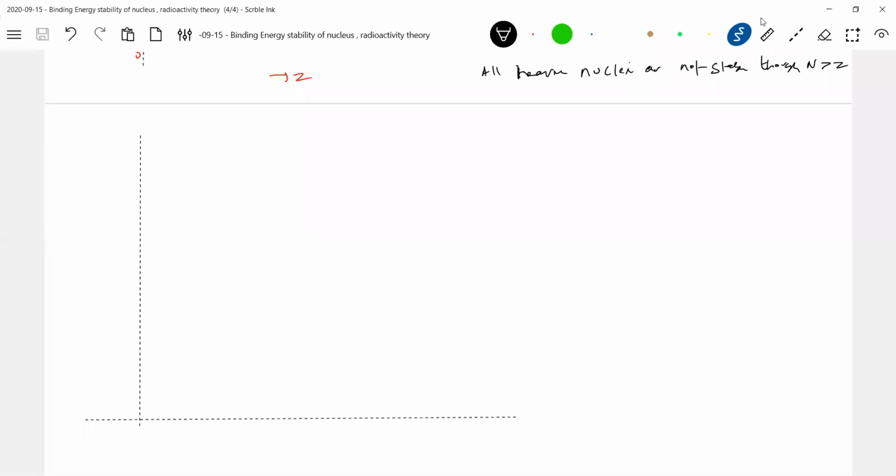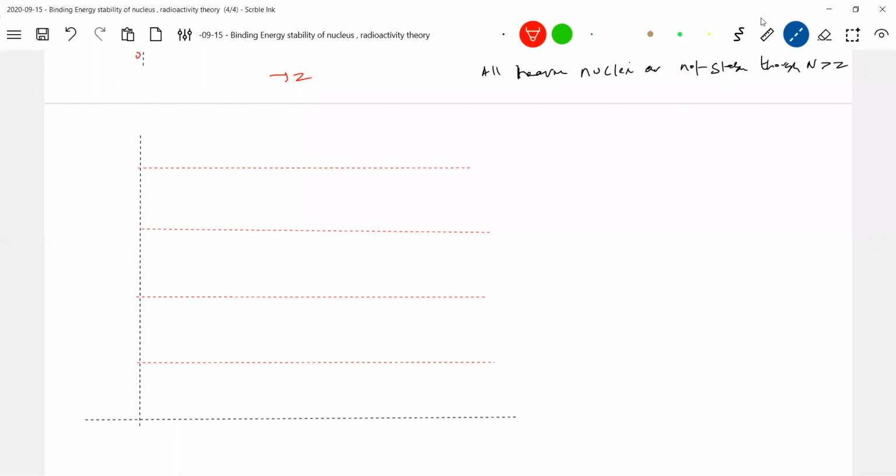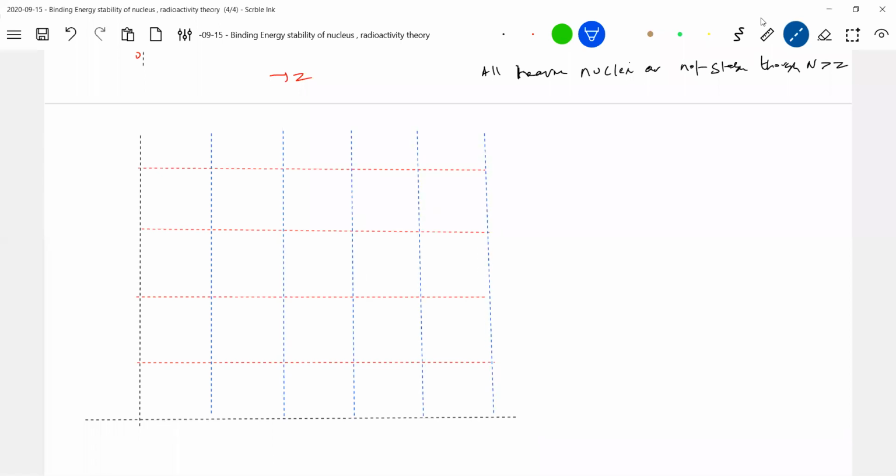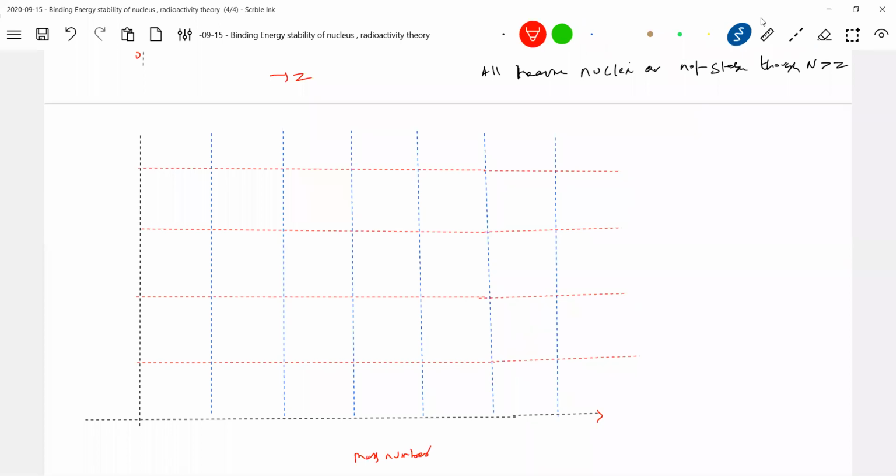How to calculate binding energy? Already we have discussed it in a rough way. There's the mass number A on one axis, and this is binding energy.